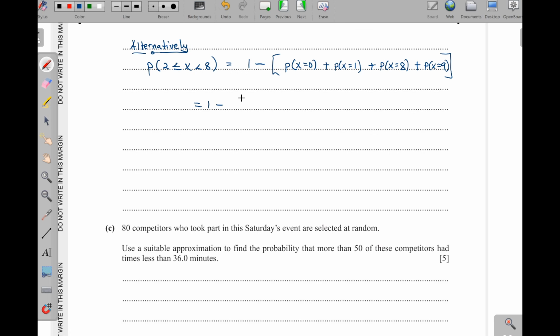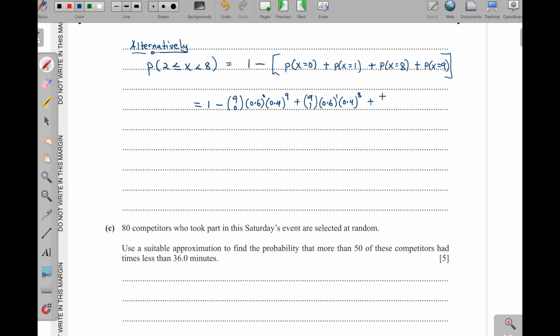1 minus, this will be 9 combination 0, then times 0.6 power 0, then 0.4 power 9, then plus 9 combination 1, and then 0.6 to the power of 1, then 0.4 to the power of 8.